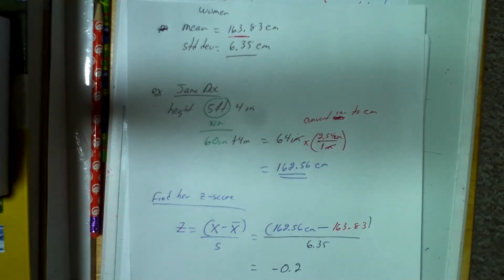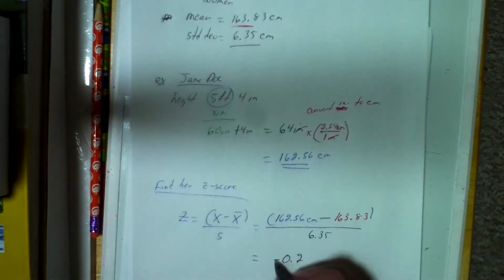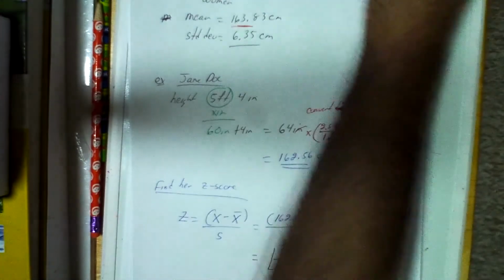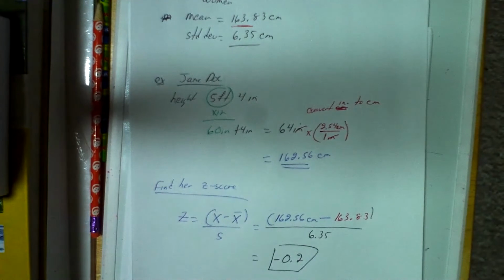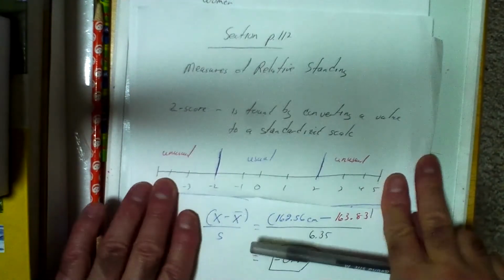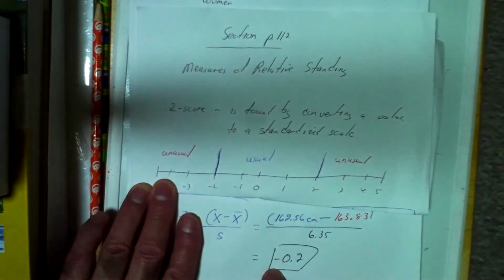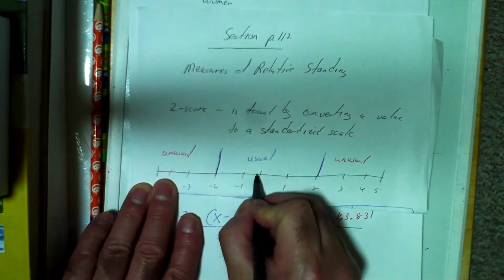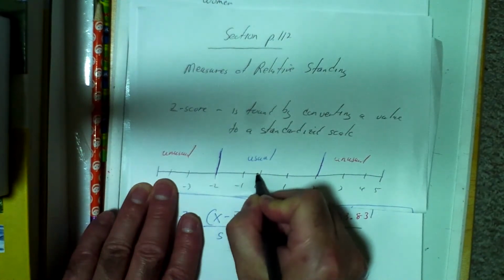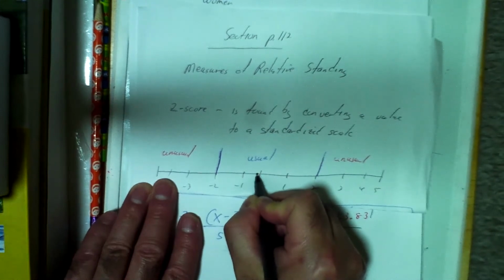So on the scale, where does she fall? Where does Jane Doe fall on the scale? Let's take a look. So 0, negative, so it should be about right there. That's where she is at.